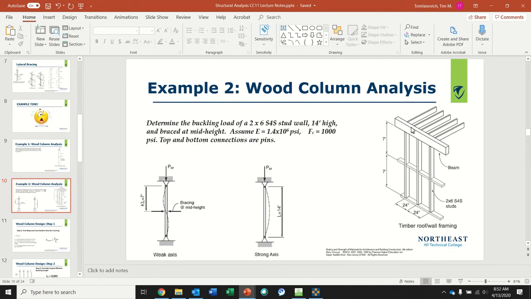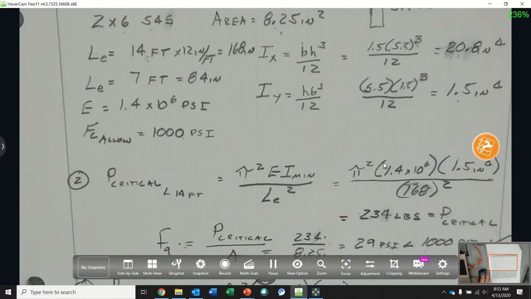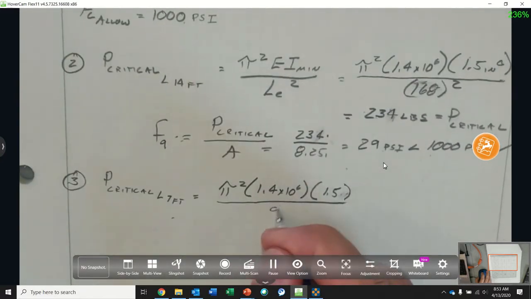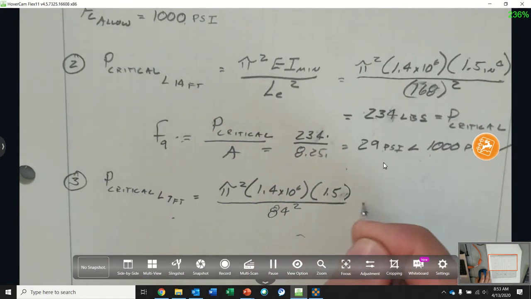Say my load is exceeding my critical load for a 14-foot length. What I can do is put bracing in, which will allow me to increase my load. So that is 84 inches squared. The number is squared. So pi squared times 1.4 e to the 6th times 1.5, divided by 84 squared.